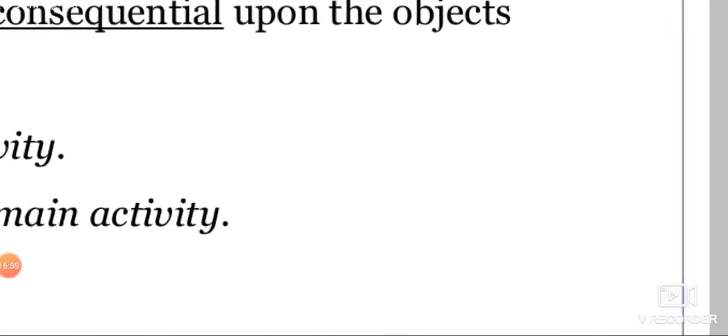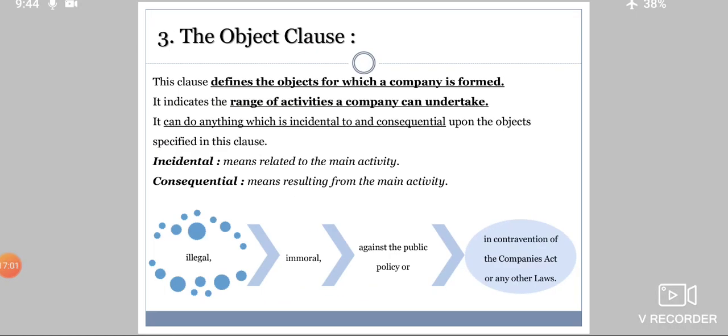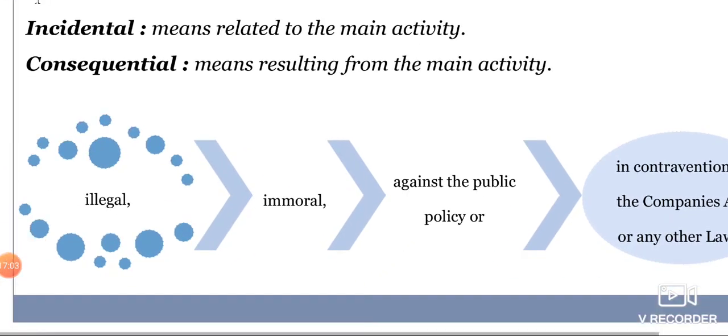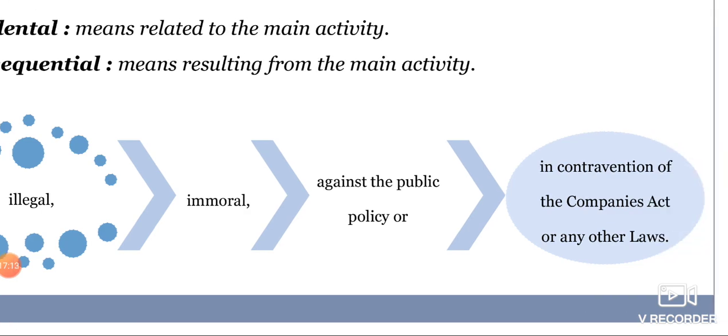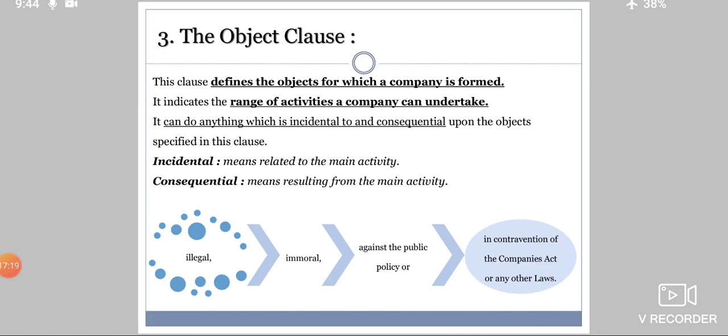But lastly, the company cannot have an object which is illegal, immoral, against the public policy, or in contravention, in opposition of the Companies Act or any other laws. The company cannot do any illegal work, immoral, or which is against the public policy.